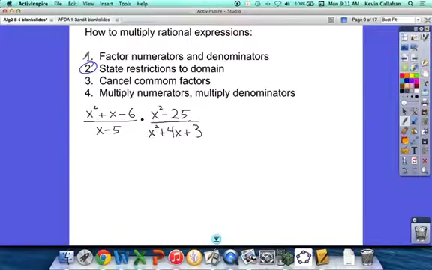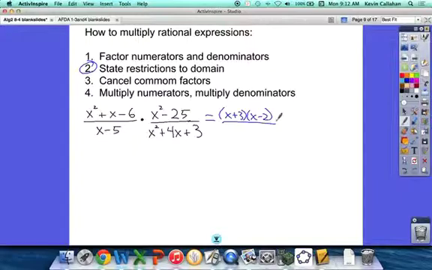So the first step is going to be factor all the numerators and all the denominators. So x squared plus x minus 6. Factors of negative 6 that add up to positive 1. X plus 3, x minus 2.